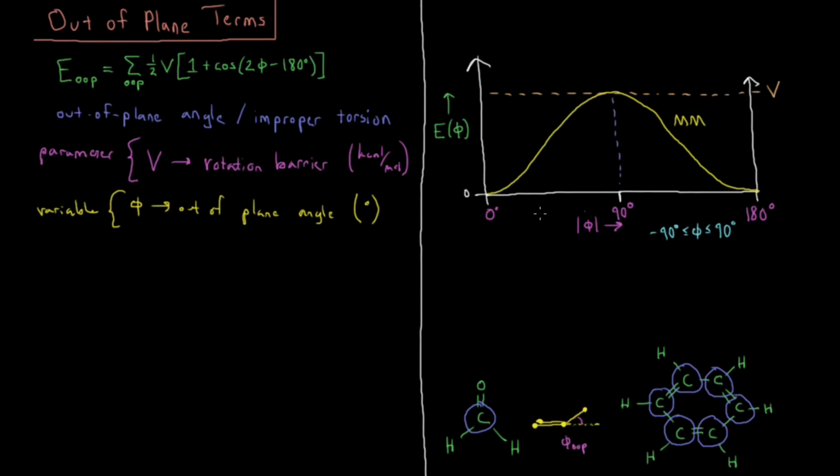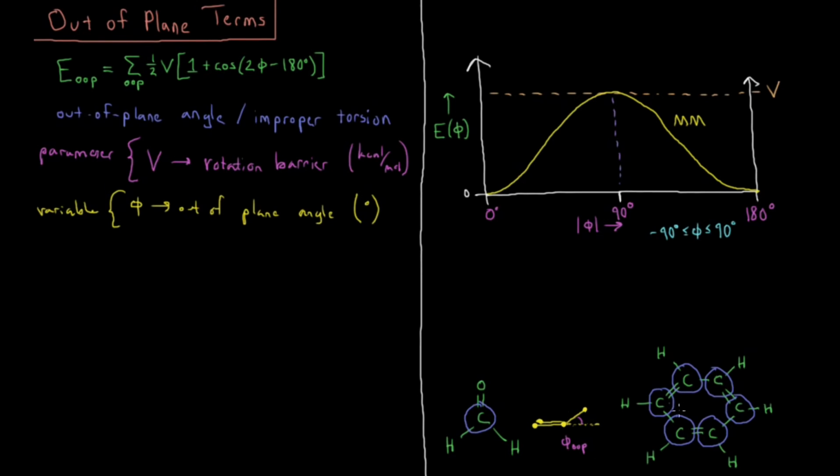If we take the absolute value of phi, it's symmetric with respect to 0. So start at 0, go up, and then reach a maximum at V, our rotation barrier in kilocalories per mole. So we've got an incentive in this out-of-plane or improper torsion term to keep our formaldehyde planar.